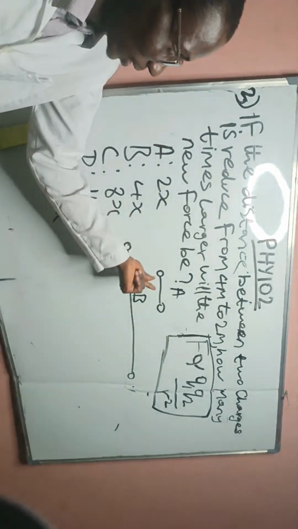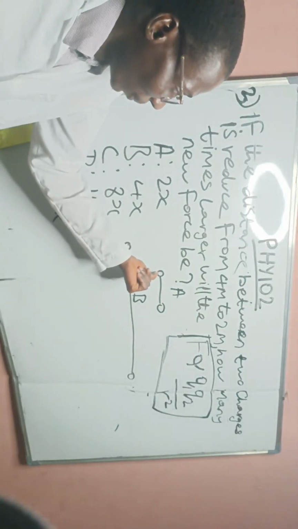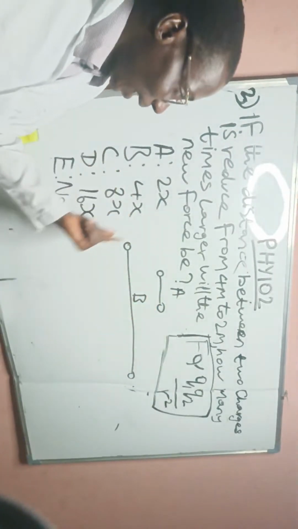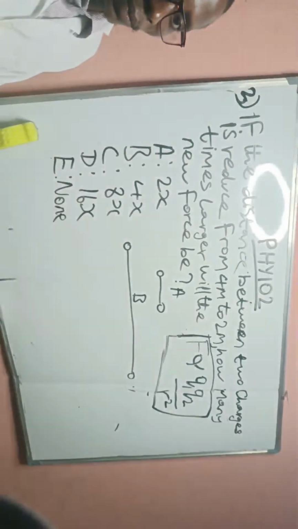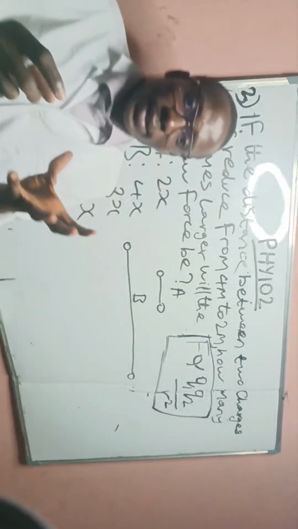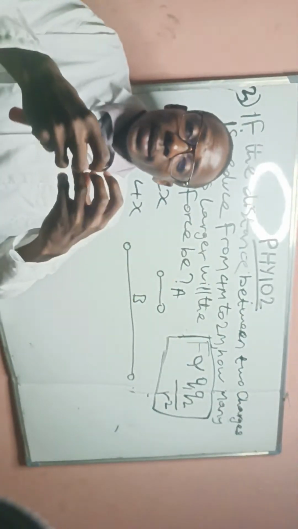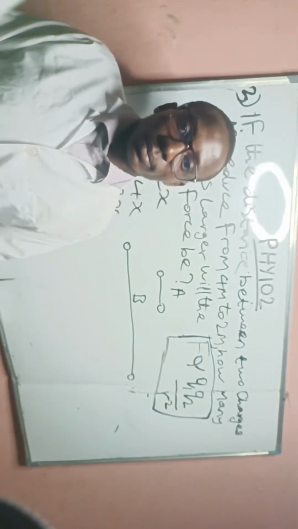The force for you to move from here to this place will be higher than the distance for you to move from here to here. This is to explain that when distance increases, the speed of force decreases.